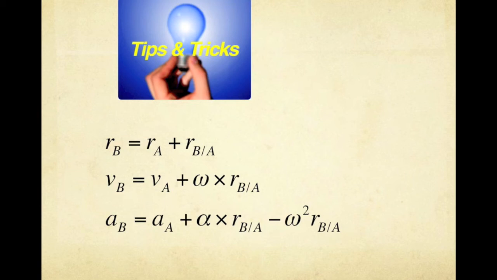With these three equations, you can easily solve any problems related to relative motion analysis. It is valid for all the problems which involve relative motion analysis. So don't worry, just remember the three equations and we're done in solving relative motion analysis problems.